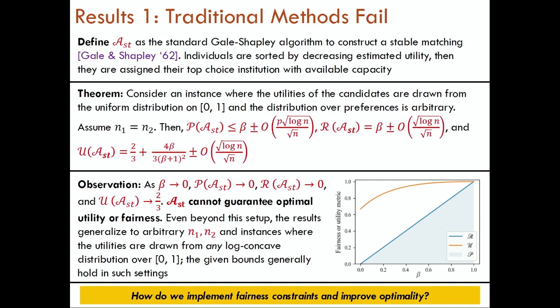It's saying that the standard Gale-Shapley algorithm, which is denoted by A sub st, representation fairness of it, which is this R of A sub st, goes down as beta goes down. So in fact, it's just kind of linearly going down with beta up till some small noise.